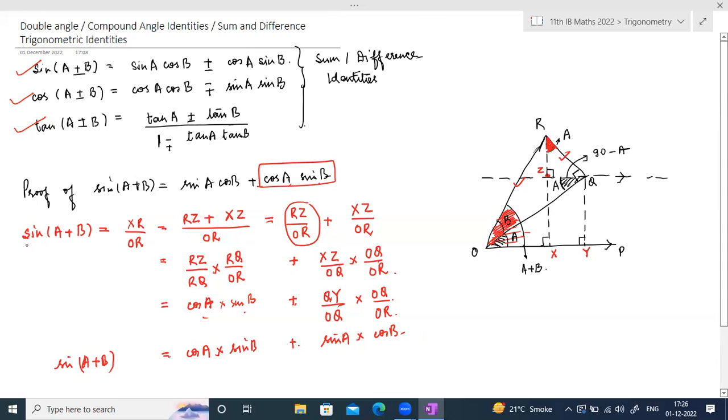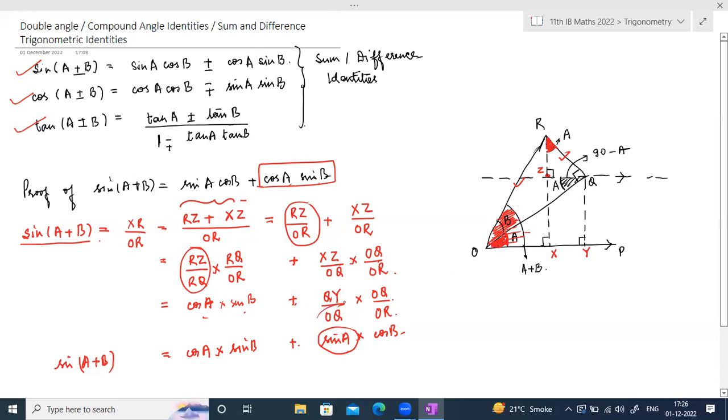So once we have written sine A plus B, it is easier to break like this. But if you apply a little thought, you will know that we need to find cos A sine B, sine A cos B, and cos A will include RZ over RQ, right? So we need to divide and multiply by RQ. And if I need to have sine A, then it has to have OQ in the denominator, because OQ is the hypotenuse in the triangle in which A is this angle.